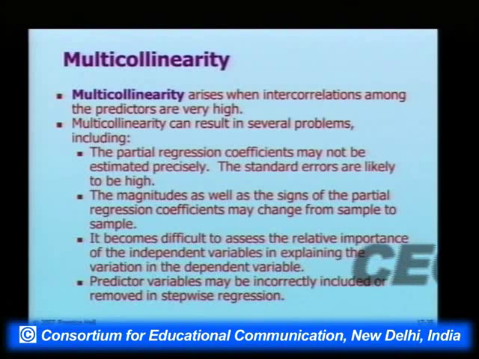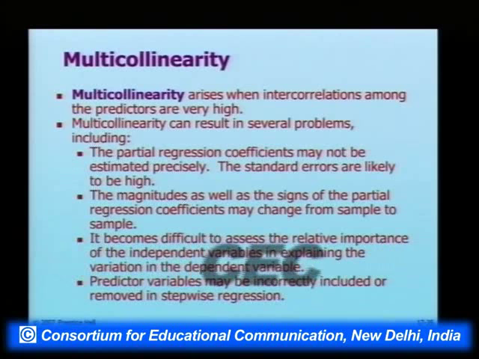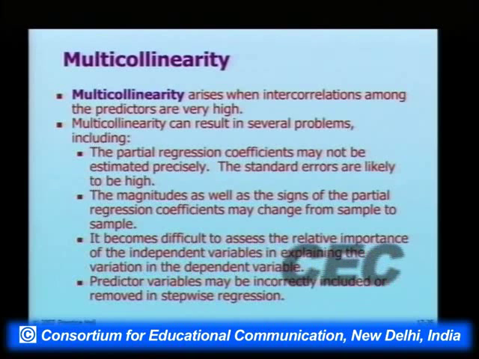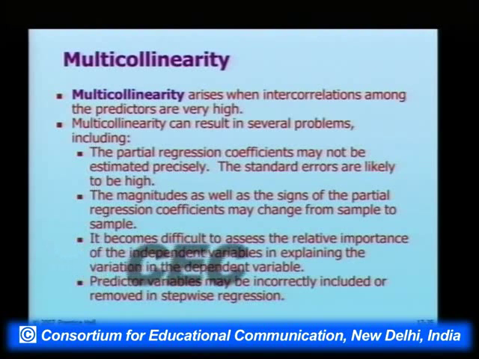This multicollinearity can result in several problems, which include: the partial regression coefficient may not be estimated precisely, the standard errors are likely to be very high, the magnitude as well as the signs of the partial regression coefficient may change from sample to sample. Because of this correlation between the variables themselves, the sign of the partial coefficient may keep on changing. It becomes difficult to assess the relative importance of the independent variable, and predictor variables may be incorrectly included or removed in stepwise regression.